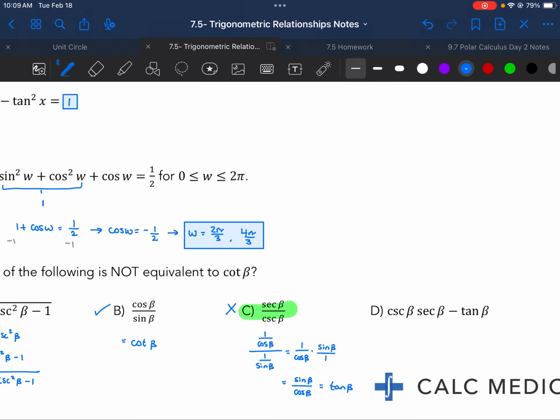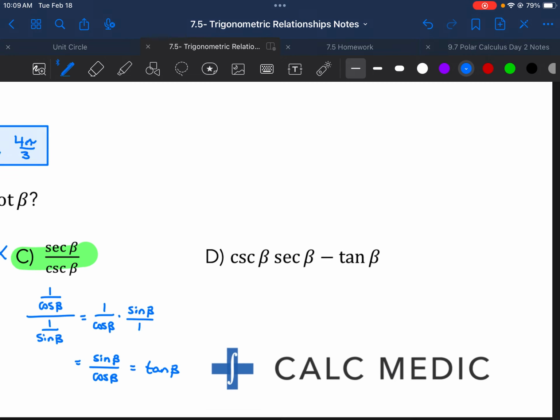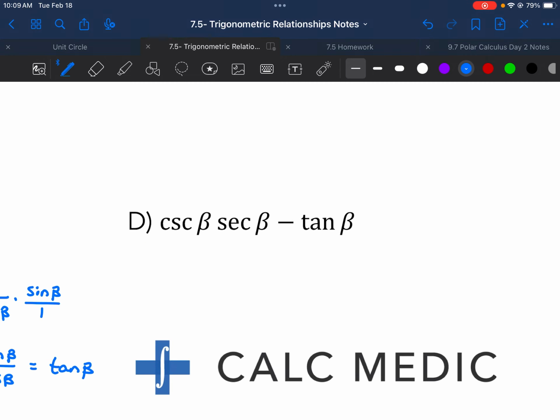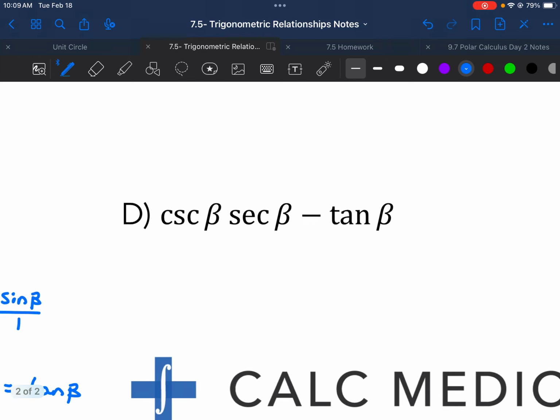Let's real quickly look at the other one as well. All right, so cosecant of beta times secant of beta minus tangent of beta. Let's turn everything into sines and cosines. Cosecant of beta is 1 over sine of beta. Secant of beta is 1 over cosine of beta.